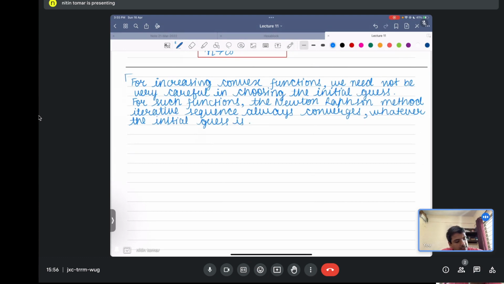So this is precisely the content of the next theorem. So okay, let us put it like a theorem, and we will prove it. Theorem: convergence result for convex function.